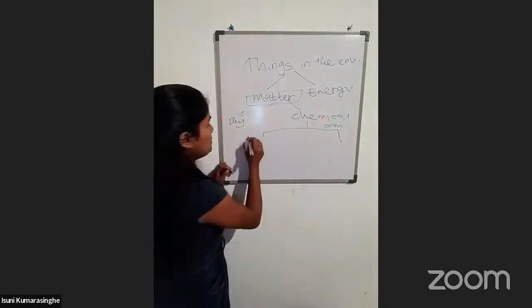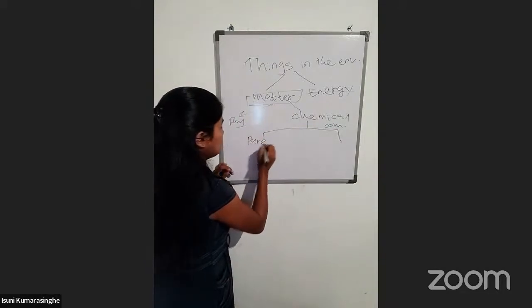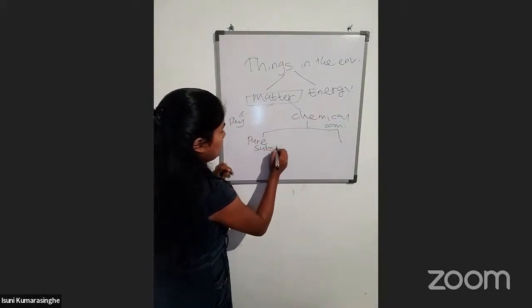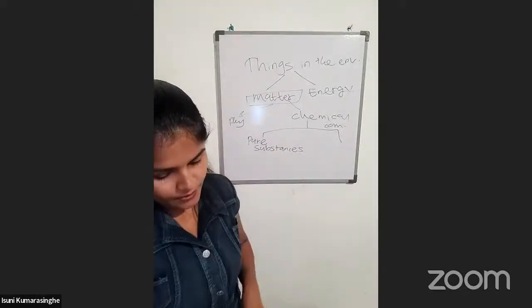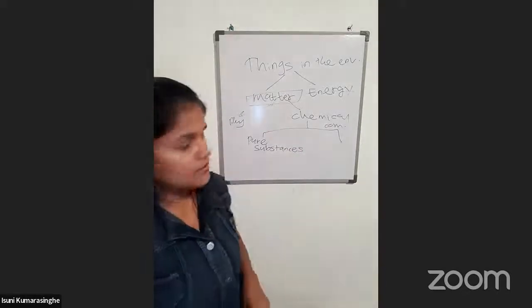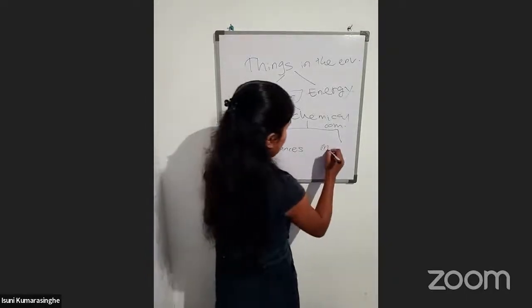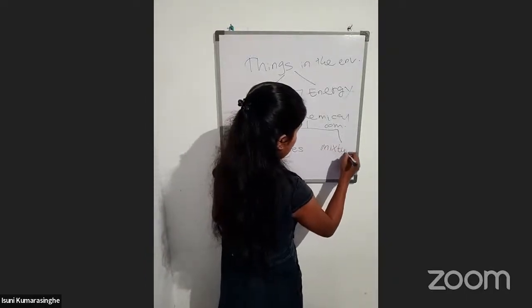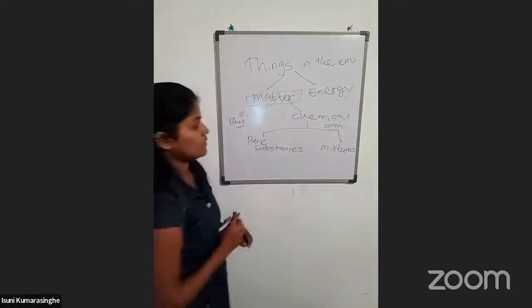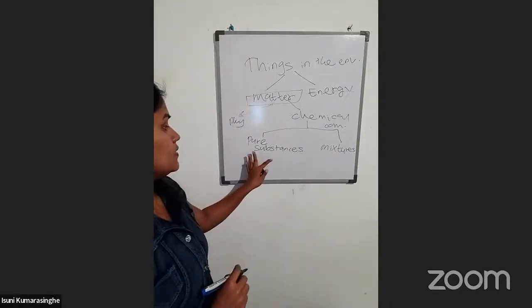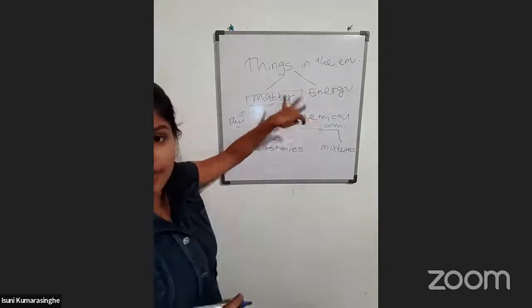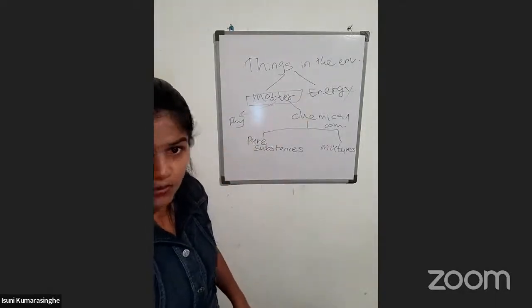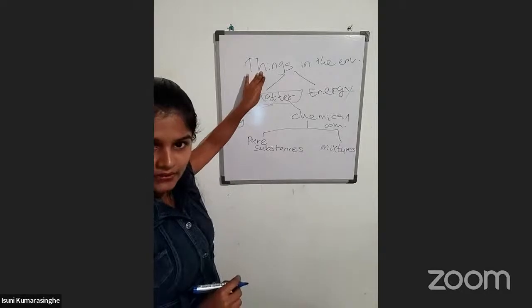What? Pure substances and mixtures. So our classification is now things in the environment.